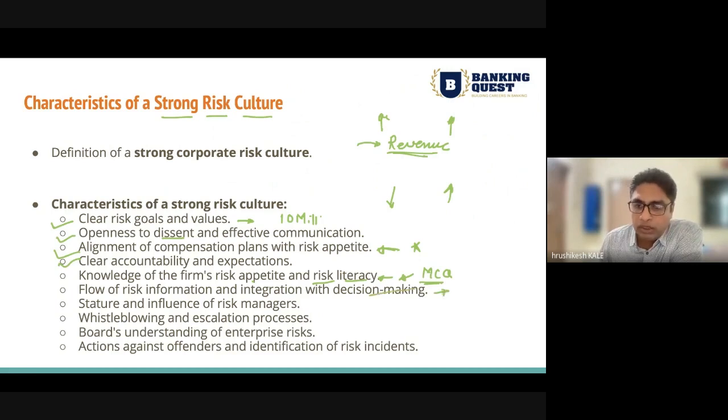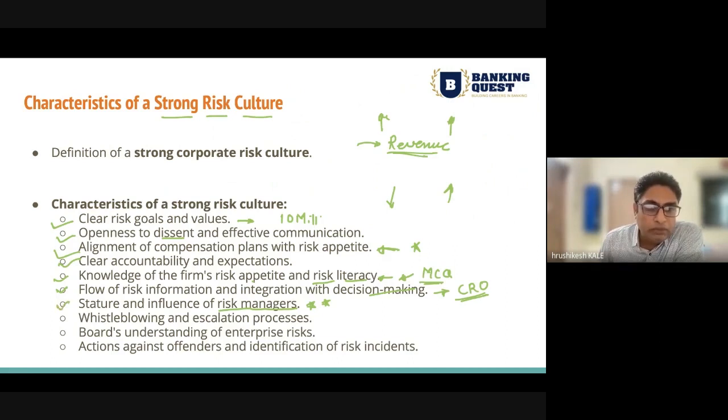Yes, it is compulsory now that the chief risk officer should be there for any decision making, and without his approval, the firm should not go ahead. Stature and influence of risk management. Yes, risk managers should be influential and they must have teeth. Otherwise, it's not a strong risk culture.